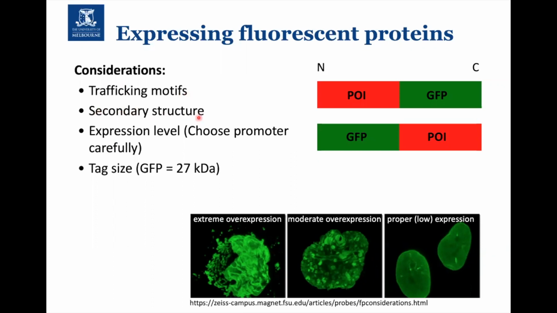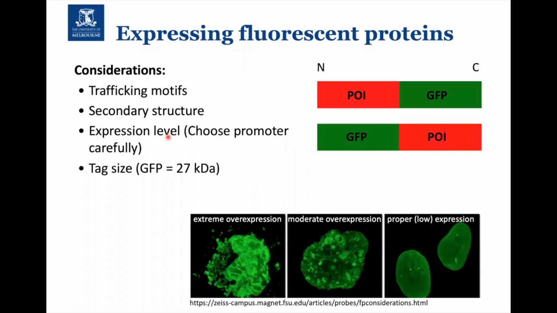One thing is the secondary structure. So if your C terminus is embedded deep within your molecule, if you're attaching a 27 kilodalton GFP molecule to that, then that is obviously going to mess around with the secondary structure of the protein that you're interested in. So again, that could cause aberrant trafficking of the protein that you're interested in.